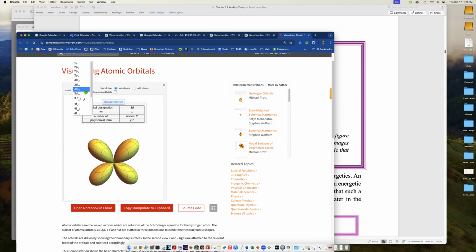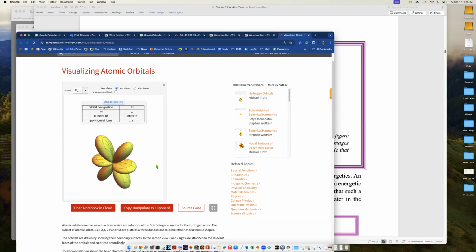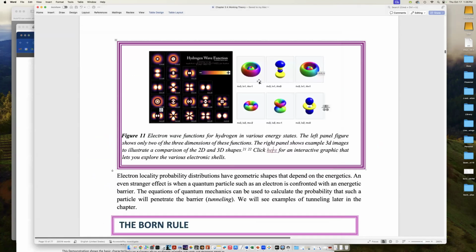Let's try one more of these things. Let's do an energy level 4. Once again, we have to wait for the arithmetic to occur. So you see these beautiful shapes. The interesting thing is all the mathematics that represent solutions to the Schrodinger equation for the atomic orbitals of the elements.